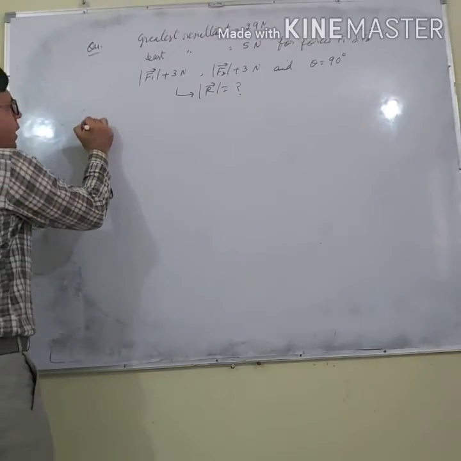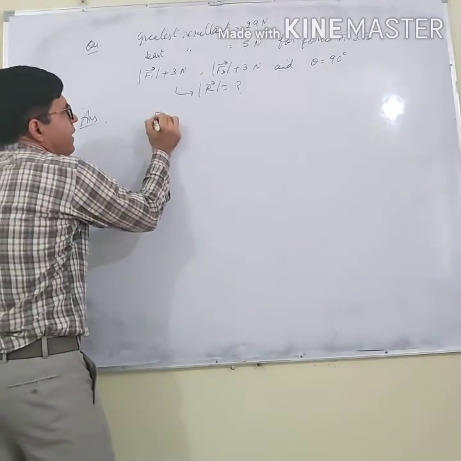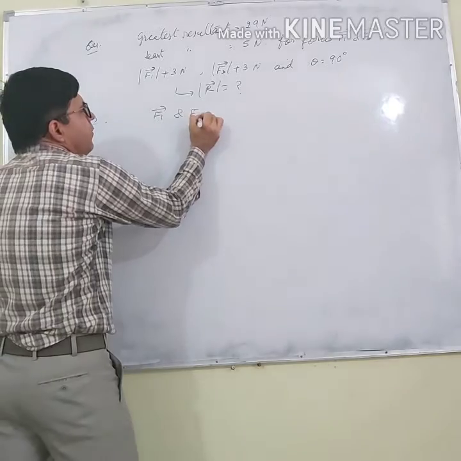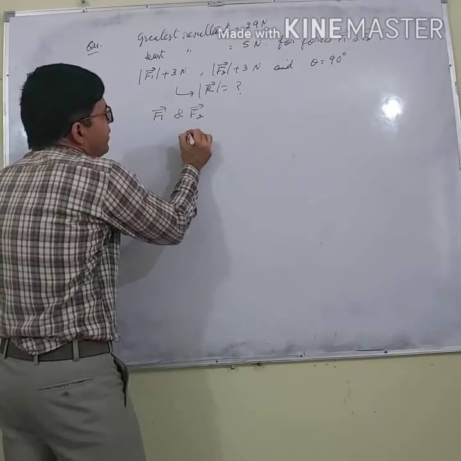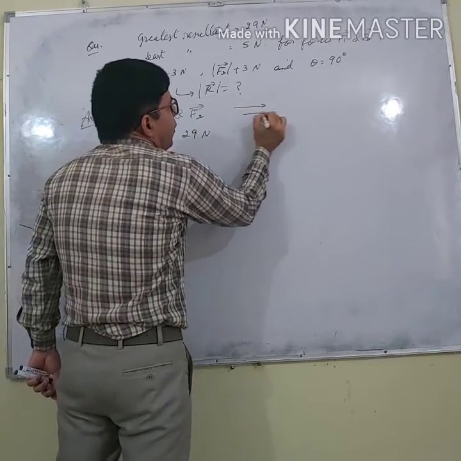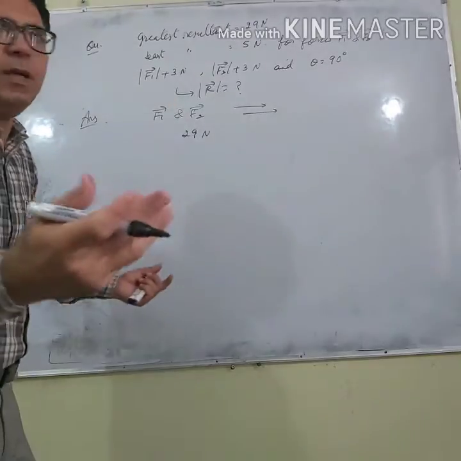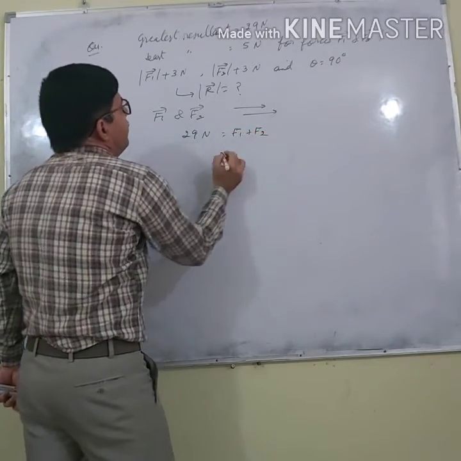So how can I calculate the R? It is very simple. Now let us say F1 and F2 are the forces, right? And what is the greatest resultant? 29 Newton, when these forces are in the same direction. So it equals F1 plus F2.